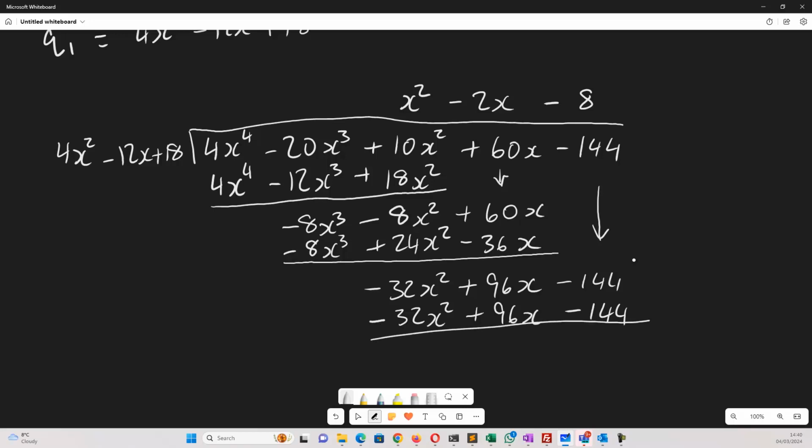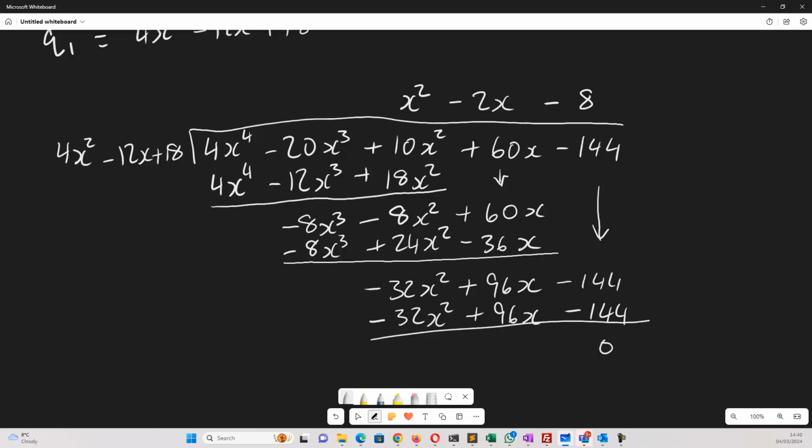So obviously, if we subtract the second row from the first row, we're going to get 0, which means that 4x squared minus 12x plus 18 divides into 4x to the power of 4 minus 20x cubed plus 10x squared plus 60x minus 144, and it goes in x squared minus 2x minus 8 times.